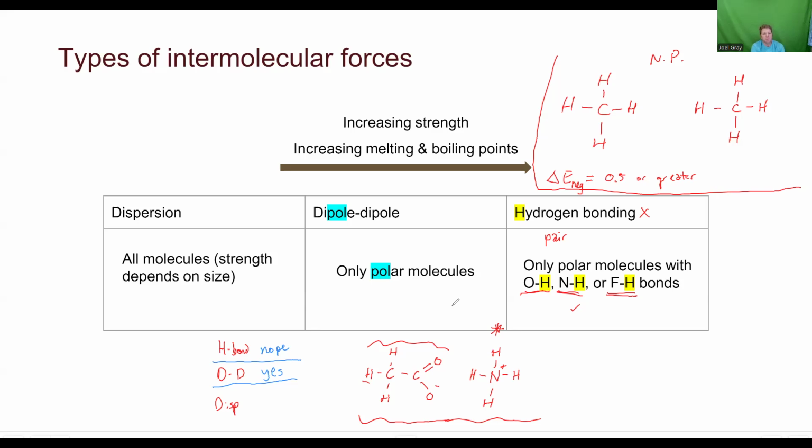Molecules might have dispersion and hydrogen bonding, might have dispersion and dipole-dipole, or might have dispersion, dipole-dipole, and hydrogen bonding. So now to answer this question: for these two molecules at the bottom of the screen, are there dispersion forces that hold them together?